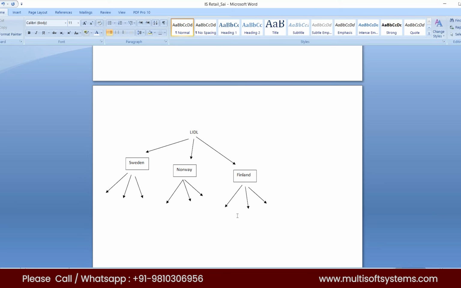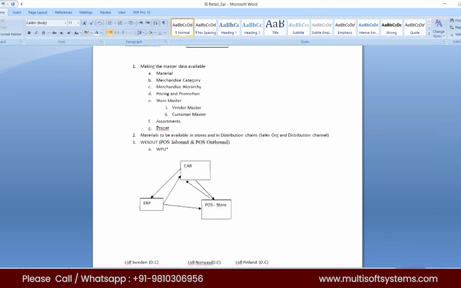It can be stores, a distribution center, an online sale platform, or a third-party sale platform. It could be anything. When something is available on a distribution chain level, it is also available on all the organization structures underneath that.